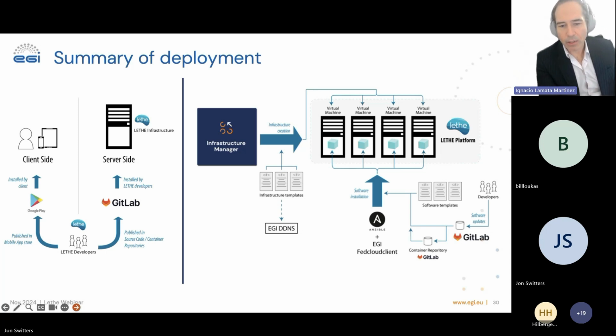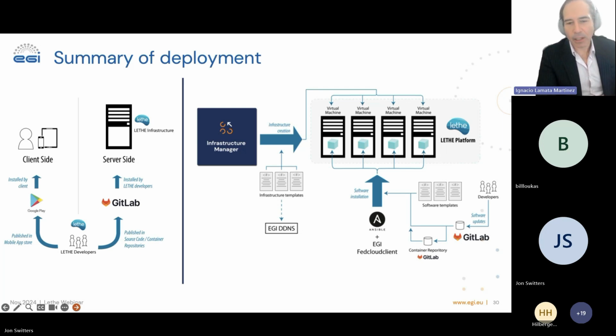The infrastructure manager on the left uses some infrastructure templates. And this is a very important point because we code our infrastructure. It's not something that we run by my knowledge, let's say, where I go to the machine and start running commands that nobody knows. So we document all the infrastructure in templates.